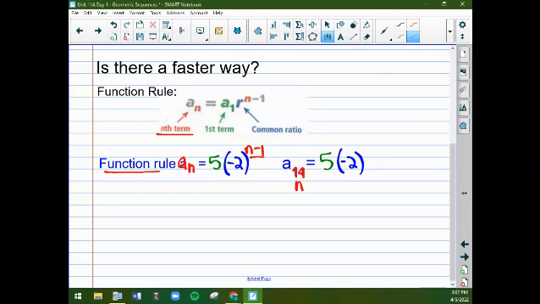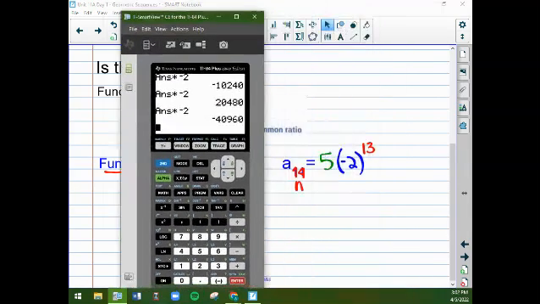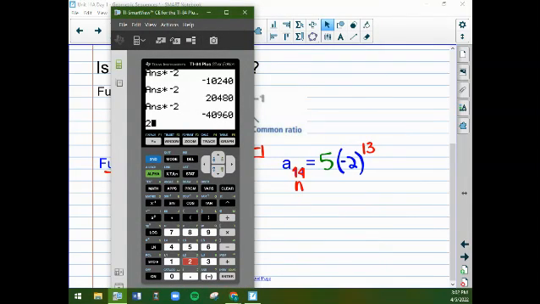Well, my n is 14, so 14 minus 1 is 13. And now I plug that into my calculator, and I see what I get. So I've got 5 times -2 to the power of 13. And we get -40,960.